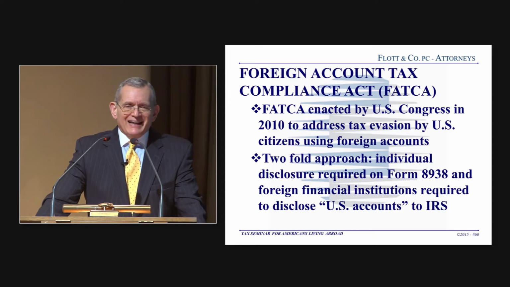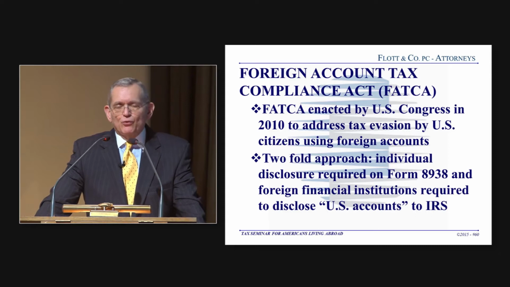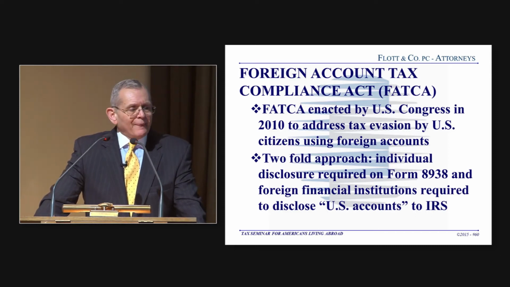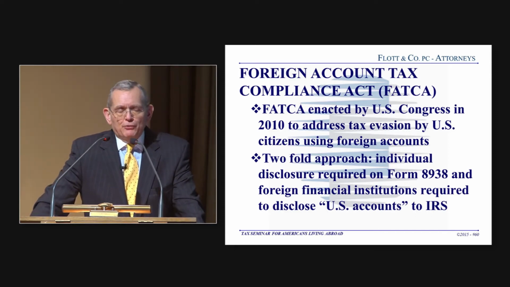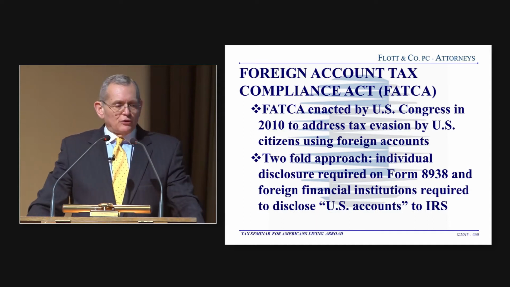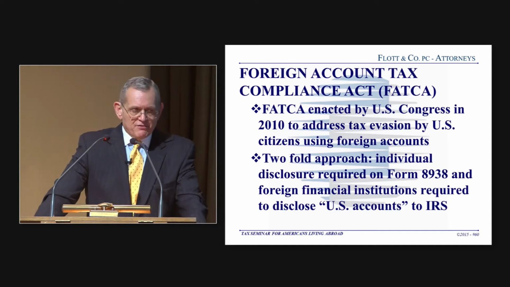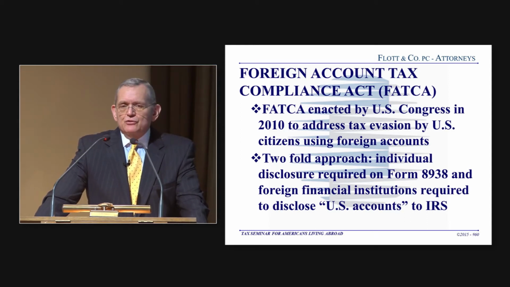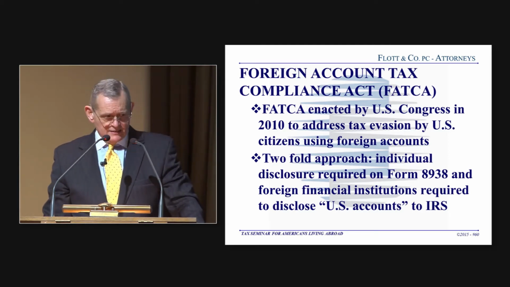Congress didn't take into account the millions of U.S. citizens living outside the United States who were using foreign bank accounts for ordinary banking purposes. It took a twofold approach: the individual disclosure required on Form 8938 and foreign financial institutions' requirement to report on U.S. accounts to the IRS.